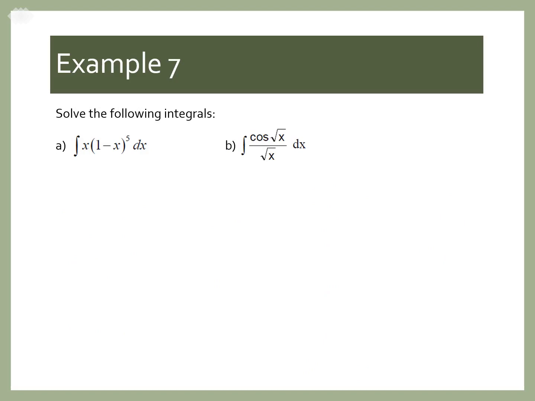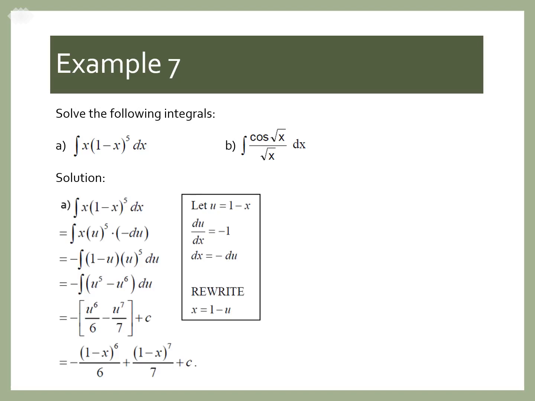Now proceed with example 7. Solve the following integrals. For a, by letting u equal to 1 minus x and differentiate, you will get du over dx equal to negative 1. Substitute this into the original integral and simplify, you still get x inside.